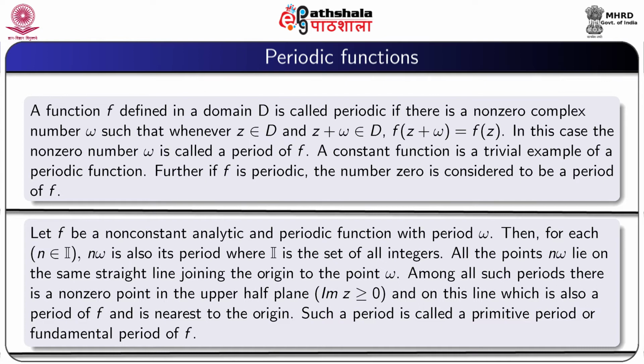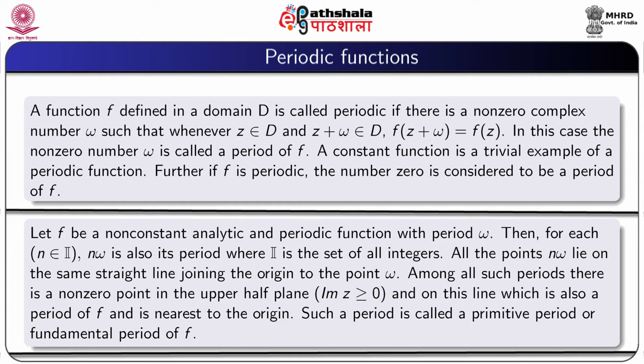Then, for each n belonging to I, the set of all integers, n omega is also its period. All the points n omega lie on the same straight line joining the origin to the point omega.